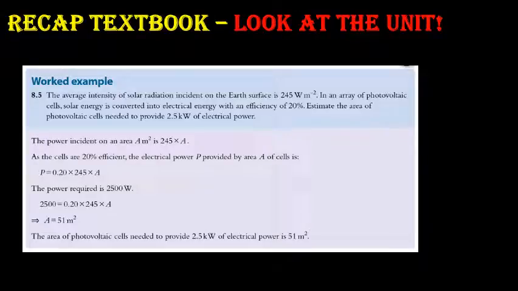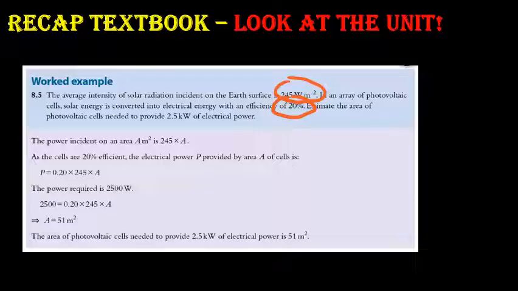Next up, while you are looking at the questions, especially the examples, although some of them you may find a bit unfamiliar and there's no specific formula for those questions, always try to look at the units. Let's say here, what you could see is 245 watts per meter square, and then the efficiency is 20%.